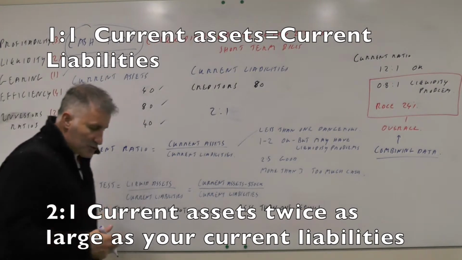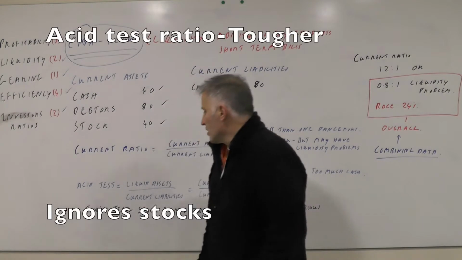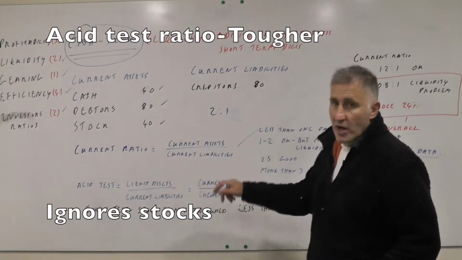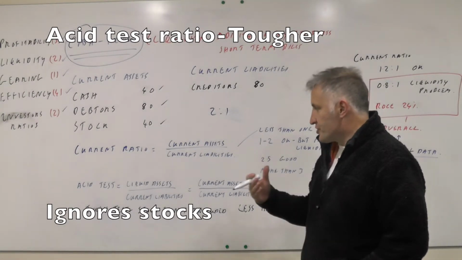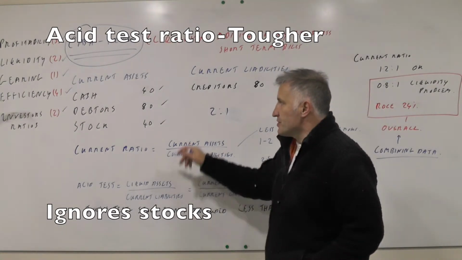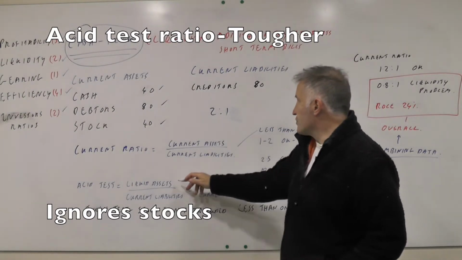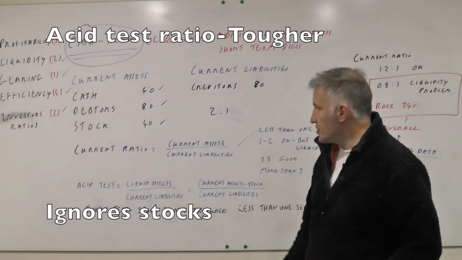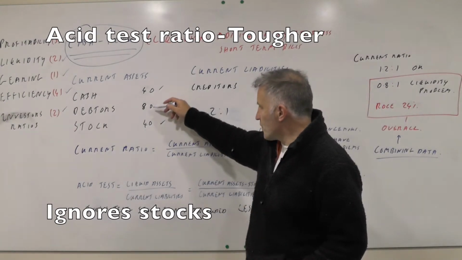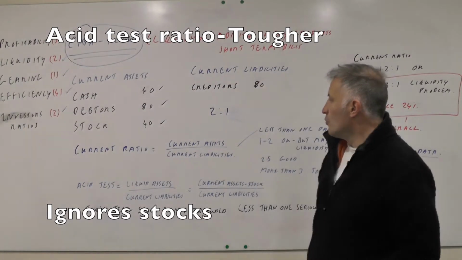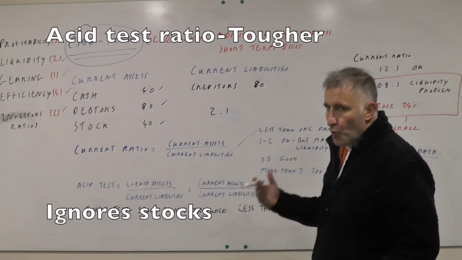We also have something else called the acid test ratio. The acid test ratio is liquid assets divided by current liabilities. I prefer this terminology because liquid assets are literally just your cash and debtors, divided by your current liabilities. In this case, it'd be 40 plus 80, 120. 120 divided by 80 would be 1.5 to 1.